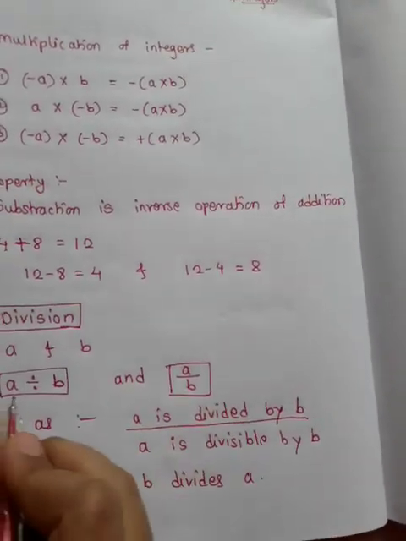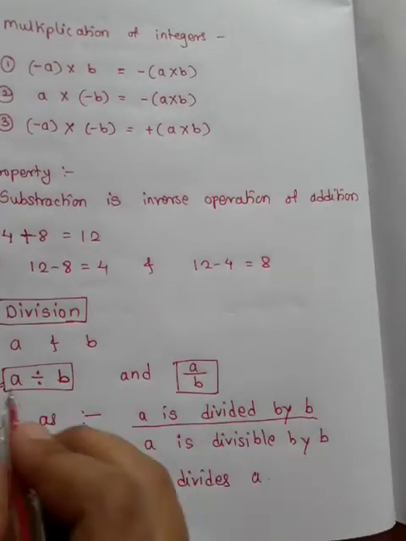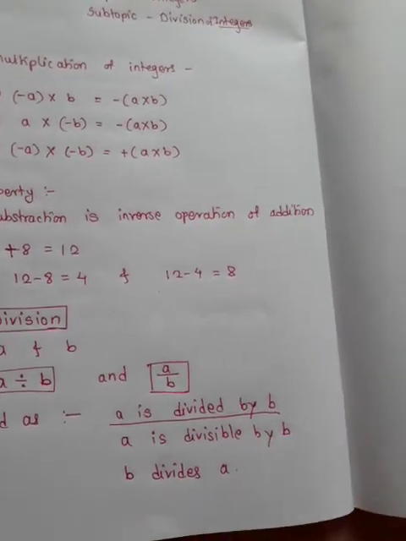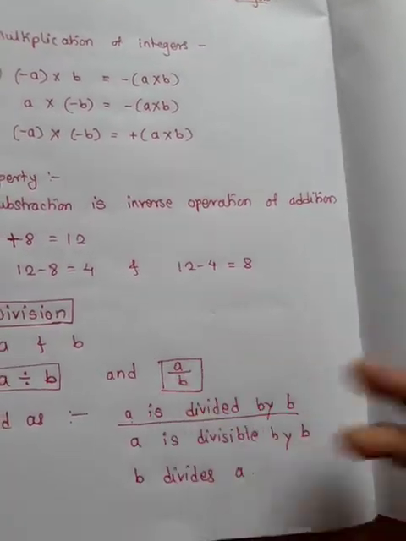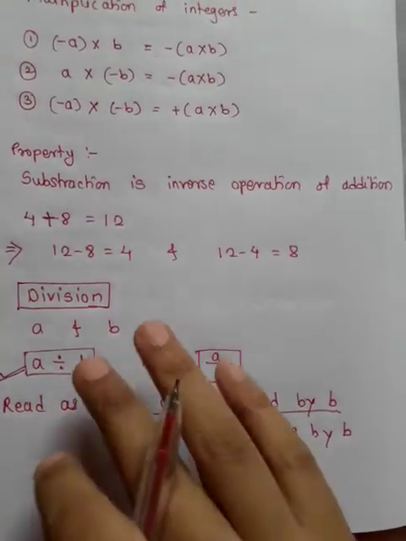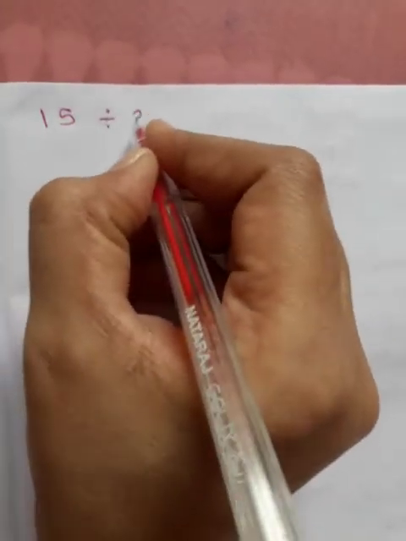So we use this representation and read it as a is divided by b only. You can use the other representation also. So this is division. You have learned division of whole numbers, for example you know what 15 upon 3 is.